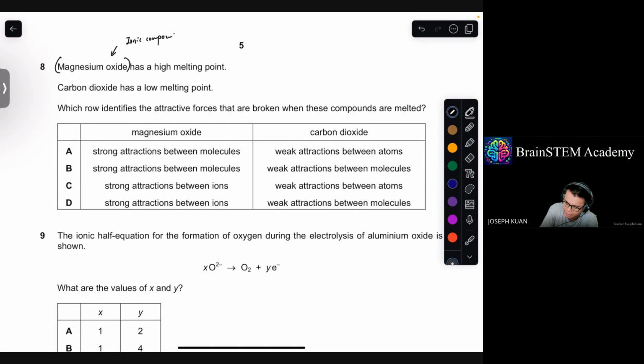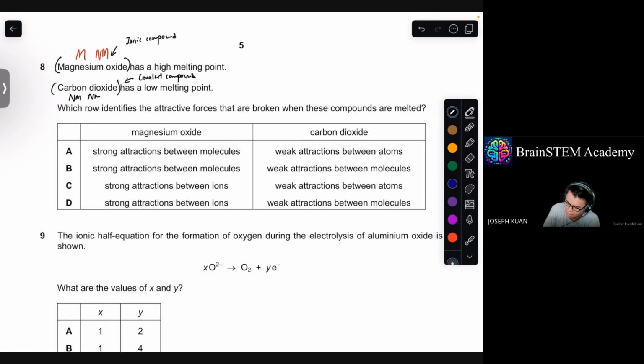How are you able to recognize that? By seeing whether it's made of a metal and a non-metal. The components of magnesium oxide are a metal and a non-metal. When metals and non-metals come together and form a compound, it's an ionic compound. For carbon dioxide, carbon and oxygen are both non-metals, so this forms a covalent compound.